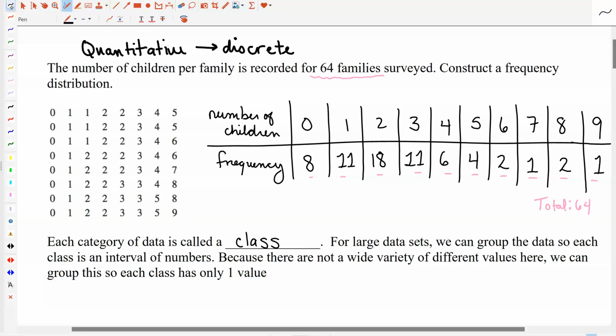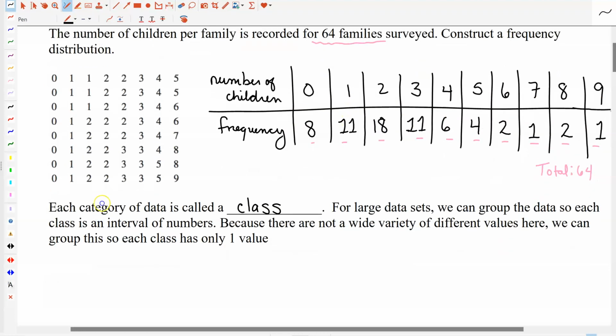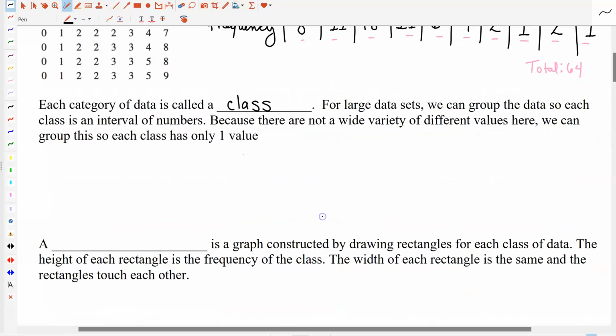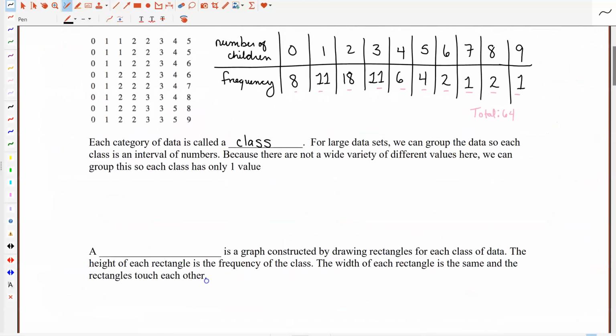All right, very good. So we have organized our data into classes. Each class only has the one value in it. Okay, so I have apparently 10 classes here. The first class had a value of 0, the second class had a value of 1, and so on. Okay. So then once we're done with that, we can make then a histogram.